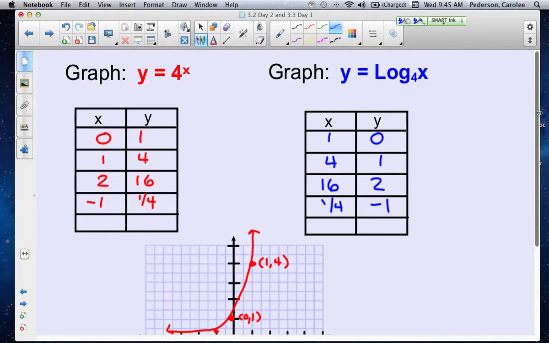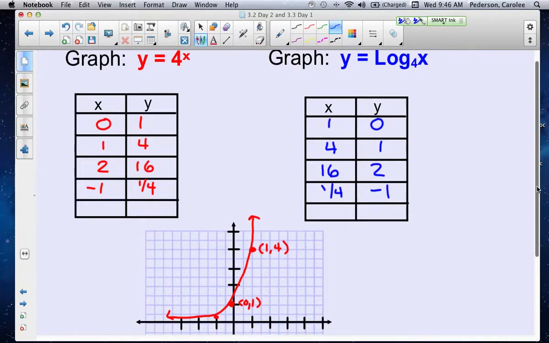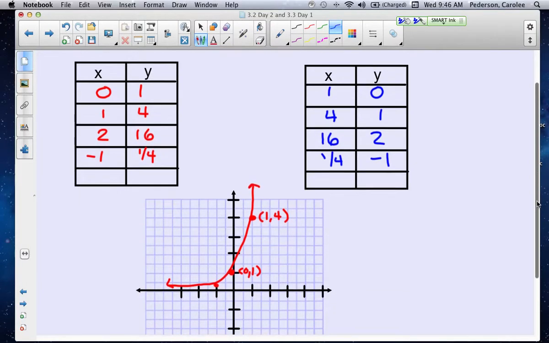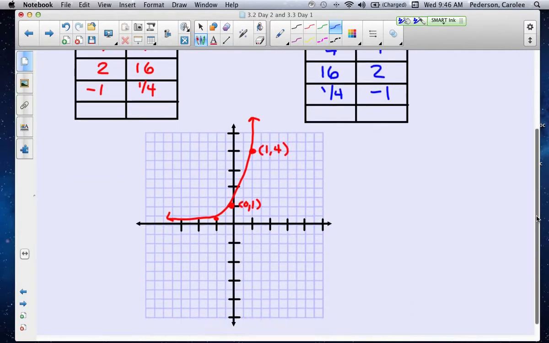So now let's just see what the difference is when we graph it on the same coordinate plane. I'll give you a minute to catch up with writing those down. So I'm going to graph the critical point. The critical point is the same as 0, 1, but flip-flopped, now it is 1, 0.